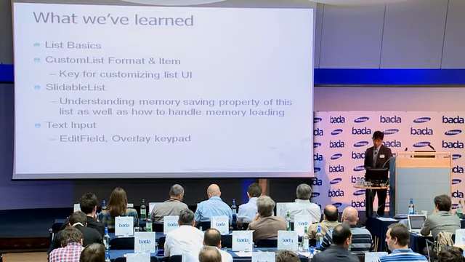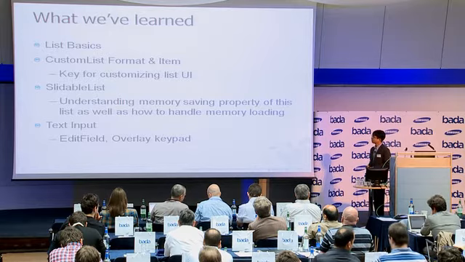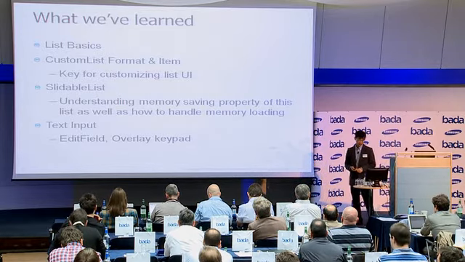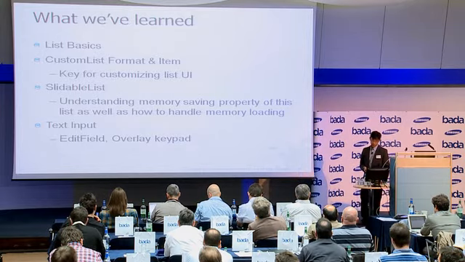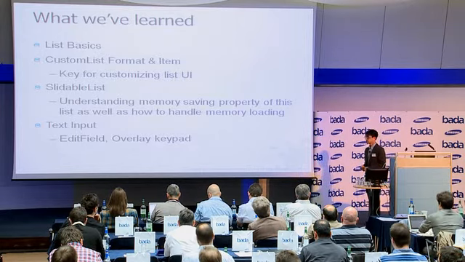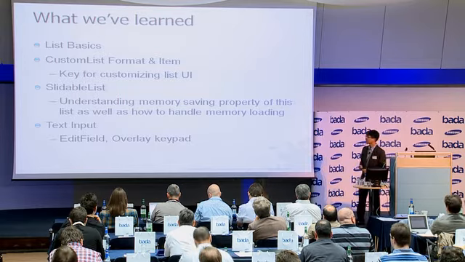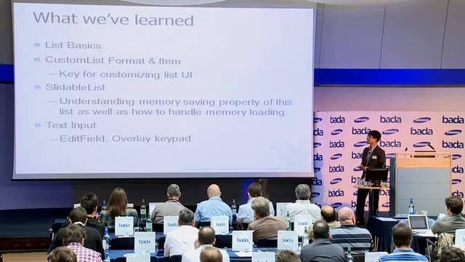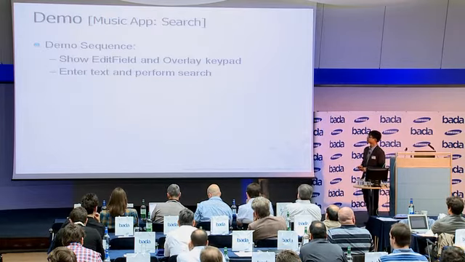Okay, and just going back a bit on the custom drawing of the custom list feature. I've shown you that we can implement the method, the iCustomList element, in order to do the custom drawing. That's not the only way we can change the look of a custom list item at runtime.